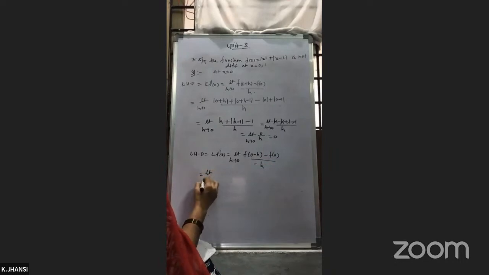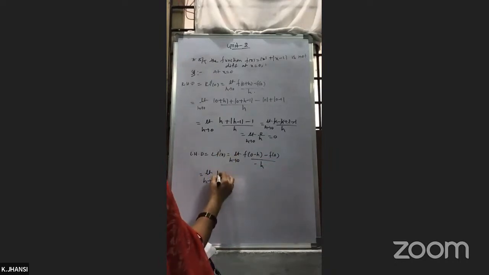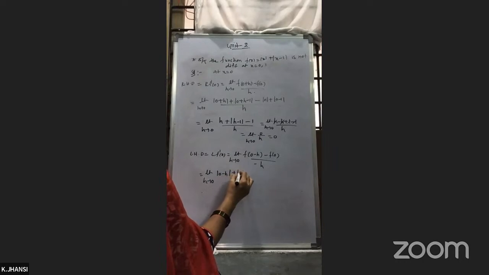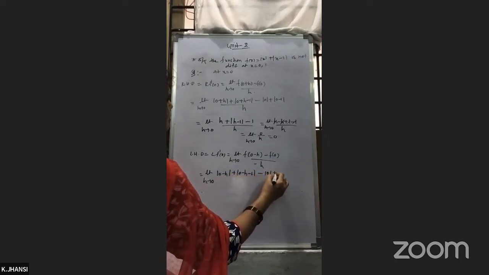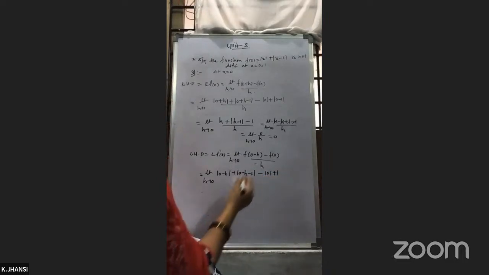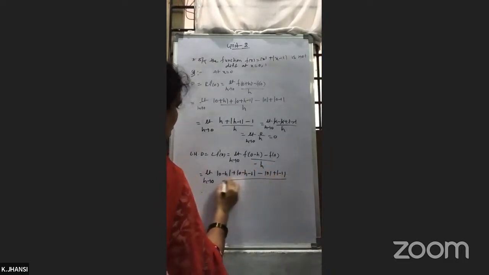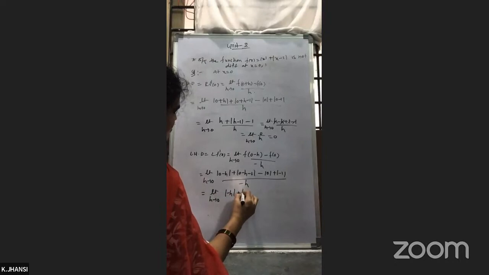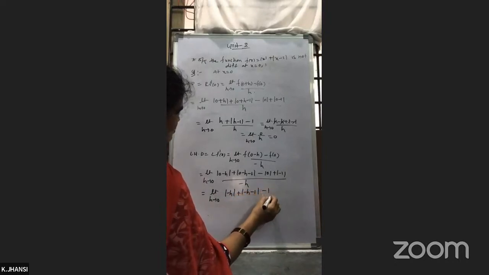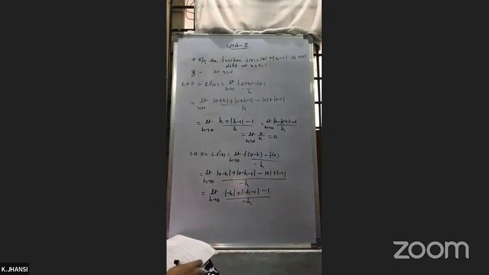That is limit h tends to 0, modulus of 0 minus h plus 0 minus h minus 1 minus 0. This you will get as minus 1 only. Okay. By minus h. So limit h tends to 0, this is mod of minus h, this is minus h minus 1, by minus h.